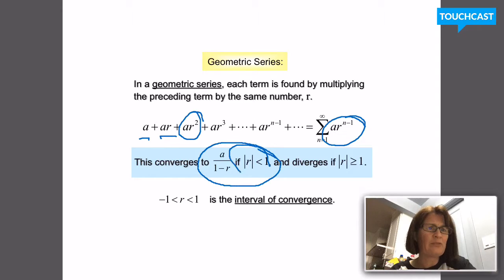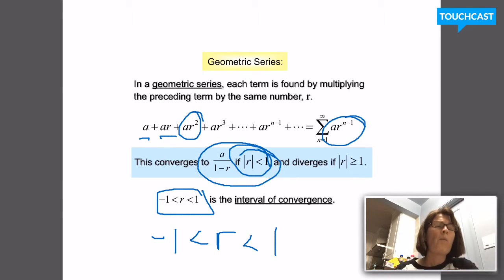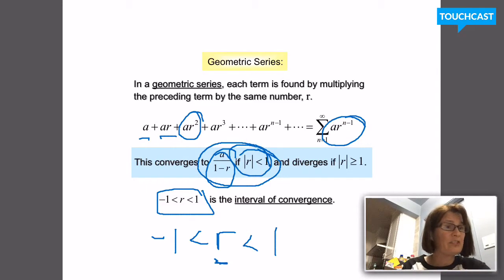So this statement, the absolute value of r is less than 1, that's a shorthand way of saying -1 is less than r, which is less than 1, which you can see here. So that's called the interval of convergence. The series will converge as long as r is somewhere between -1 and +1. You must memorize this expression for the sum of an infinite geometric series.